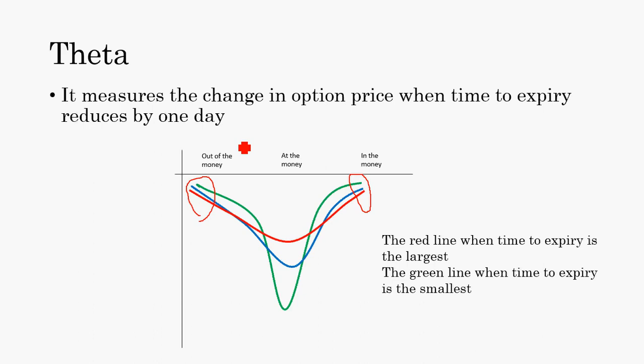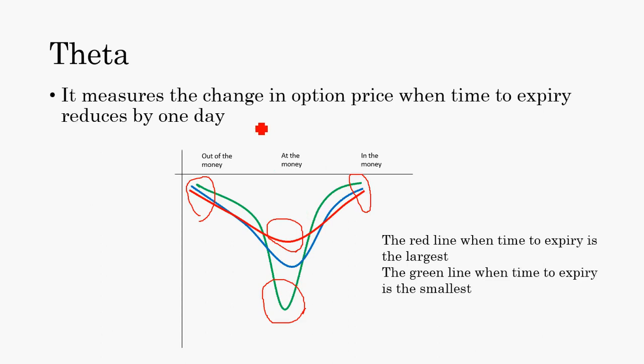At the money options, compared to out of the money or in the money options, generally have higher time value, but at a time when it's very close to expiry, the time decay that is going to happen for an at the money option will be much larger when compared to out of the money or in the money options. Hence, if you look at the green line, the value of theta is much larger for an option which is close to expiry than an option which is quite far from the expiry. So this is how theta would behave.